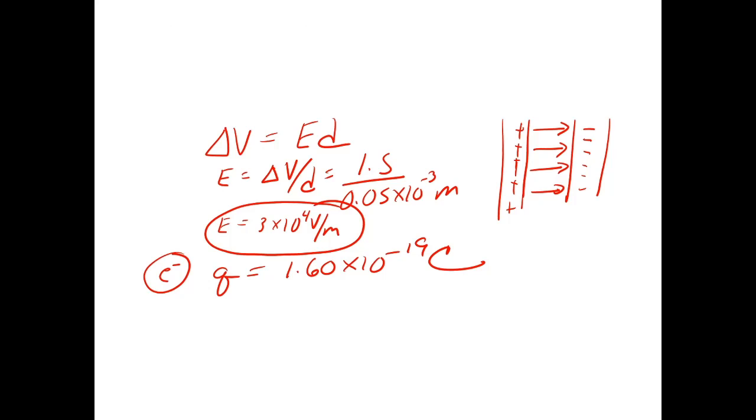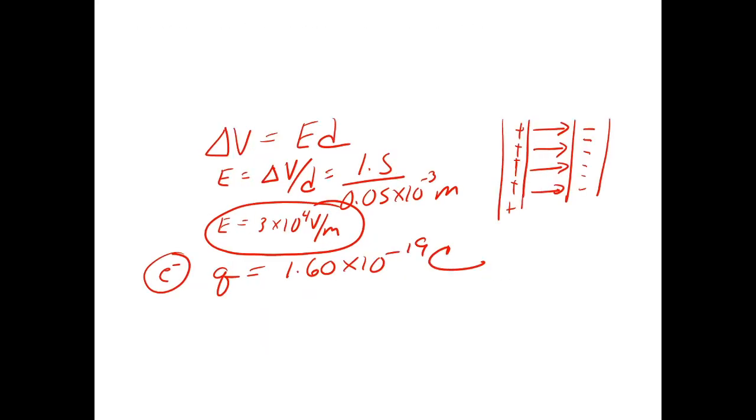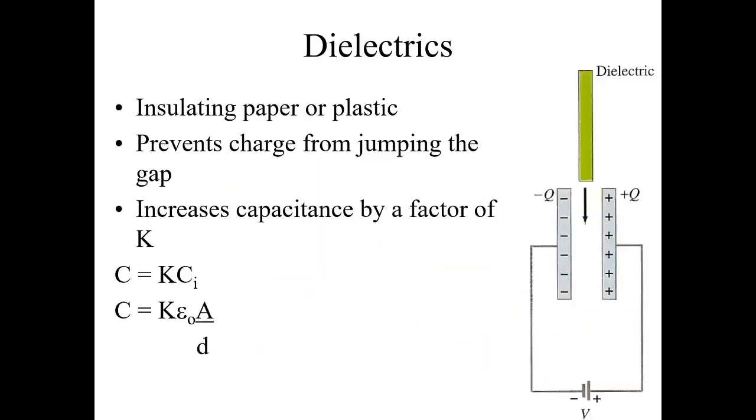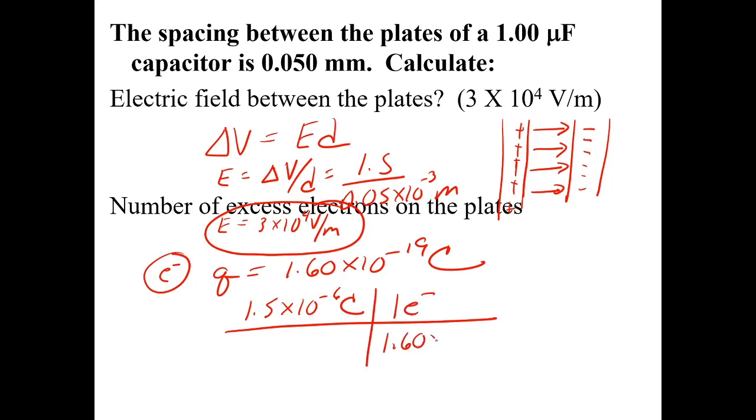And that's the fundamental charge. I just have to go back to see, well, what was our charge? 1.5 times 10 to the minus 6th. So we have a charge of 1.5 times 10 to the minus 6 coulombs on the plates. And one little electron is 1.6 times 10 to the minus 19th coulombs.